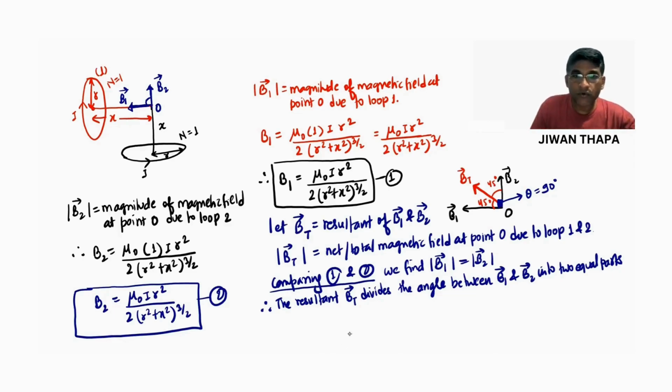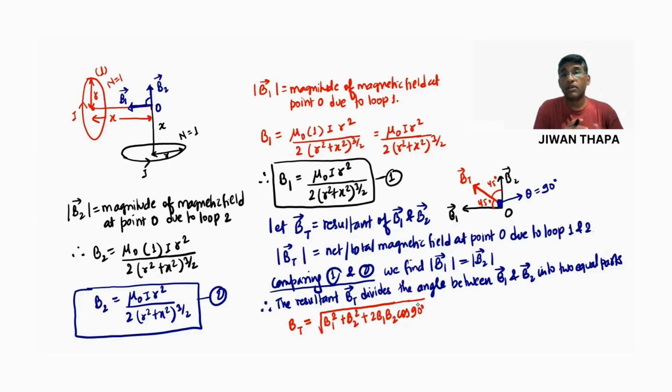Therefore, we can write the magnitude of the resultant or net magnetic field BT, using the parallelogram law of vector addition, equals under root B1 square plus B2 square plus 2B1 B2 cos 90 degree, because the angle between B1 and B2 is 90 degree.